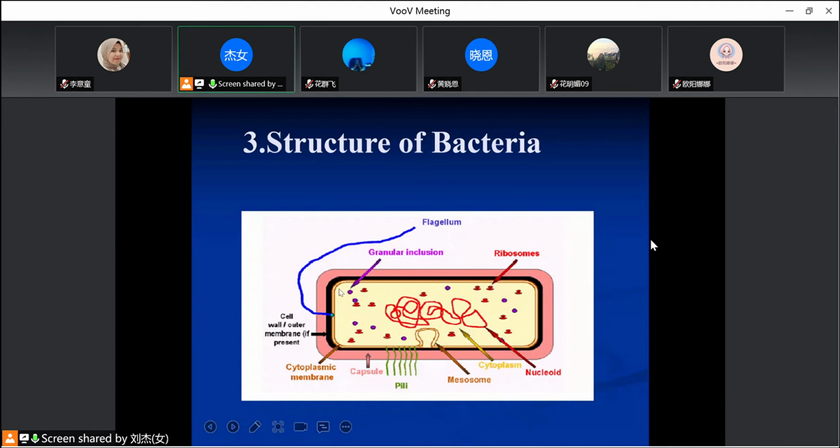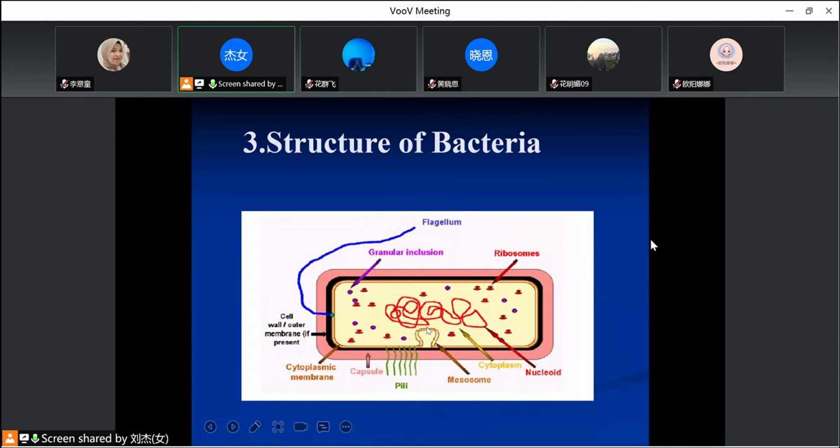The black one surrounding is the cell wall, and then the cell membrane. The brown part is the cytoplasmic membrane. This is the membrane, and inside it has nucleic acid and ribosomes.